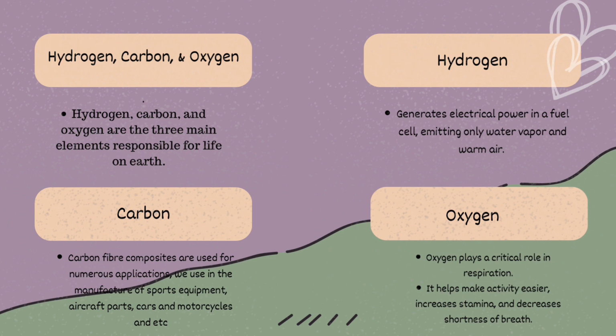We sell fuel that is used in the manufacture of sports equipment, aircraft parts, cars, and motorcycles, to name but a few applications. Oxygen. Oxygen plays a critical role in respiration, the energy-producing chemistry that drives the metabolism of most living things. We humans, along with many other creatures, need oxygen in the air we breathe to stay alive.